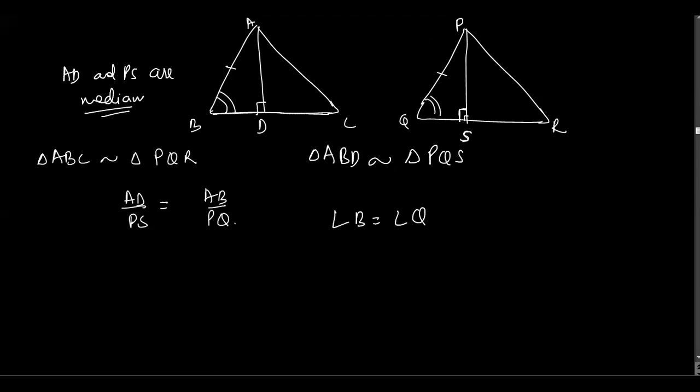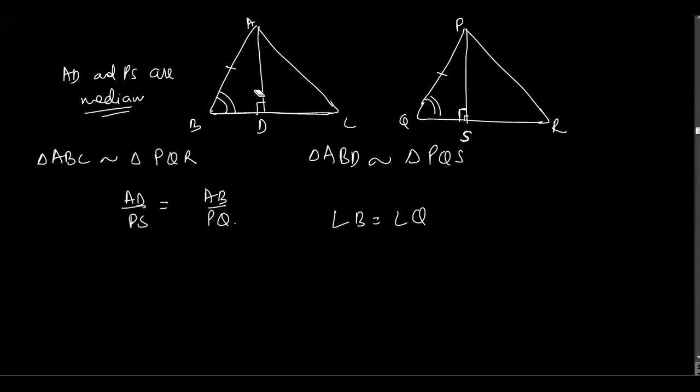How can you prove this one? You can prove that AD upon PQ is actually equals to... देखो, you got it that if it is altitude then the triangle will be similar, और अगर median है तभी भी similar होगा.